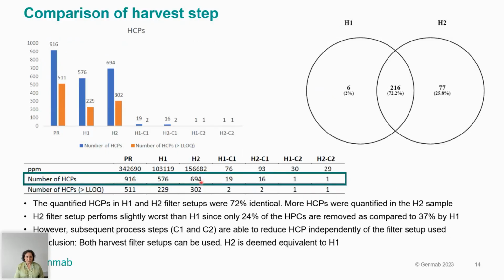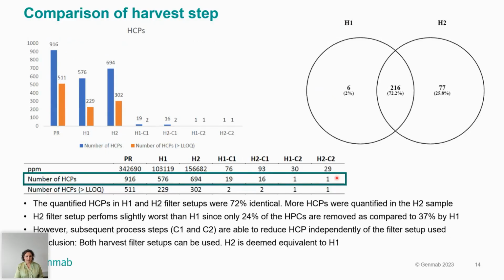What we could also see is that independently of how many proteins were at the start, chromatographic step 1 could reduce almost all the proteins to around 20. And at chromatographic step 2, we could reduce them to only 1.